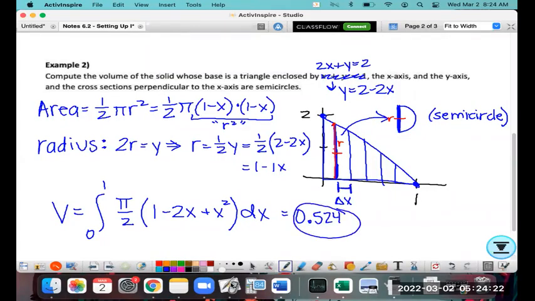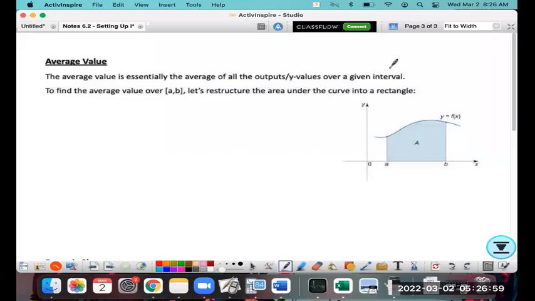All right. So last thing that we're going to talk about is average value. I think this is something that I promised we'd talk about when we were doing our whiteboarding recently. So I'm just going to read what it says, and then we'll get into visualizing some stuff here. It says the average value is essentially the average of all outputs or y values over a given interval.